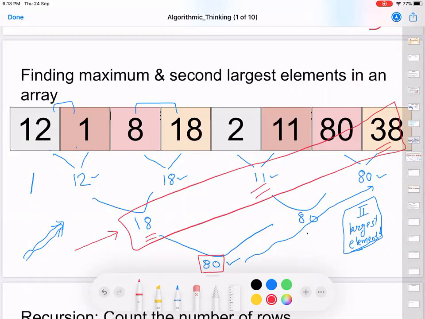So how many comparisons have you done? Definitely in finding this max over here, we have done almost n comparisons. And what about the second max? The number of comparisons you will do to find the second largest element is equal to the number of elements in this list, maybe minus one of that.